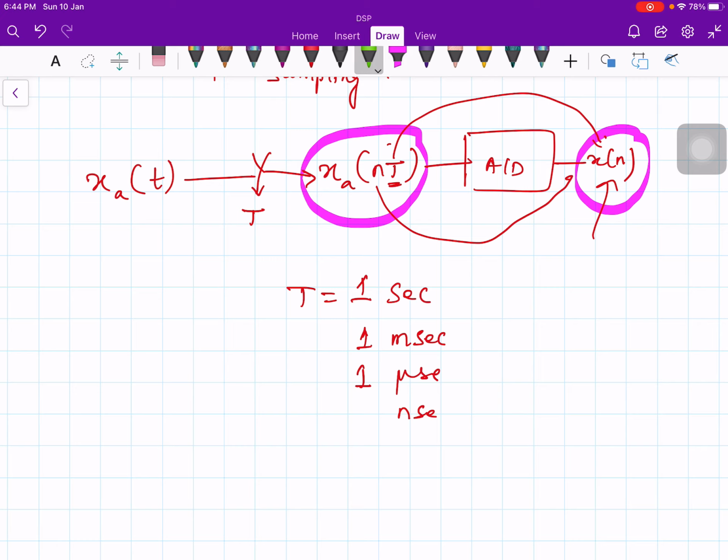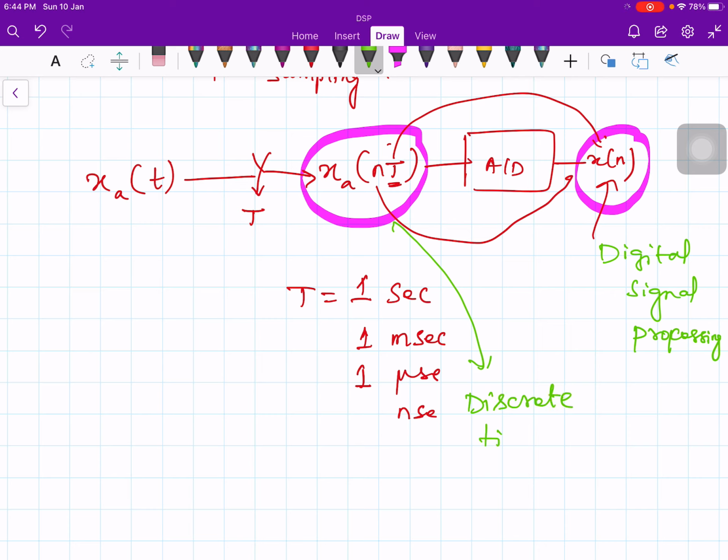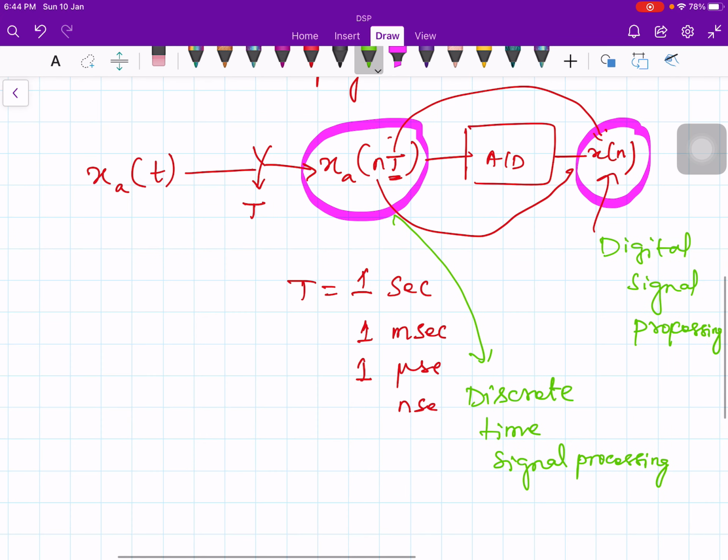So here you call it digital signal processing, and here you call it discrete time signal processing. In short form, this is DTSP, discrete time signal processing, and here DSP.